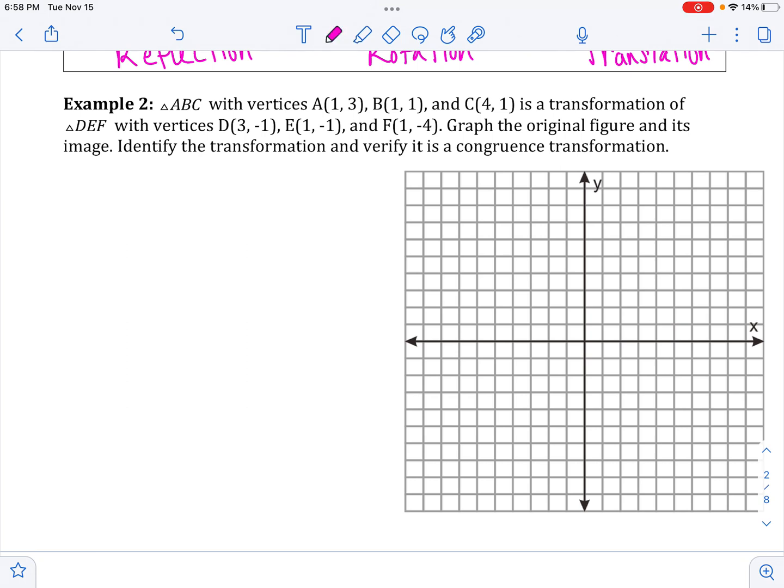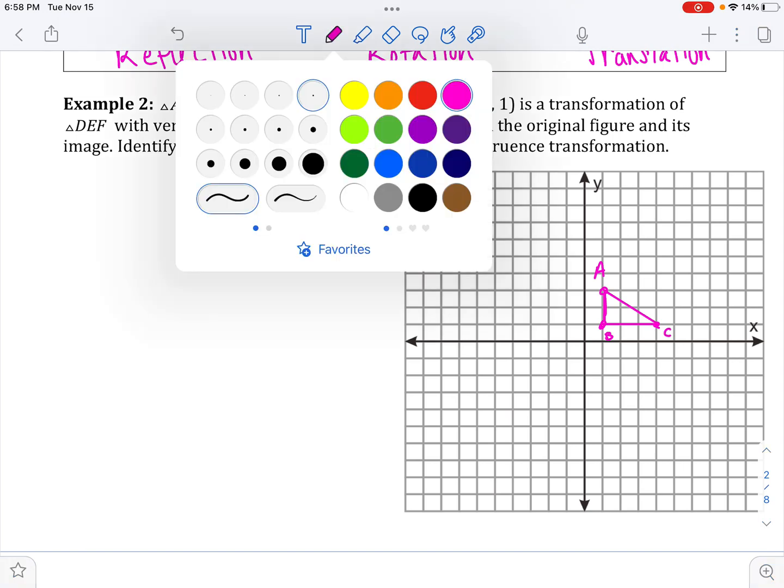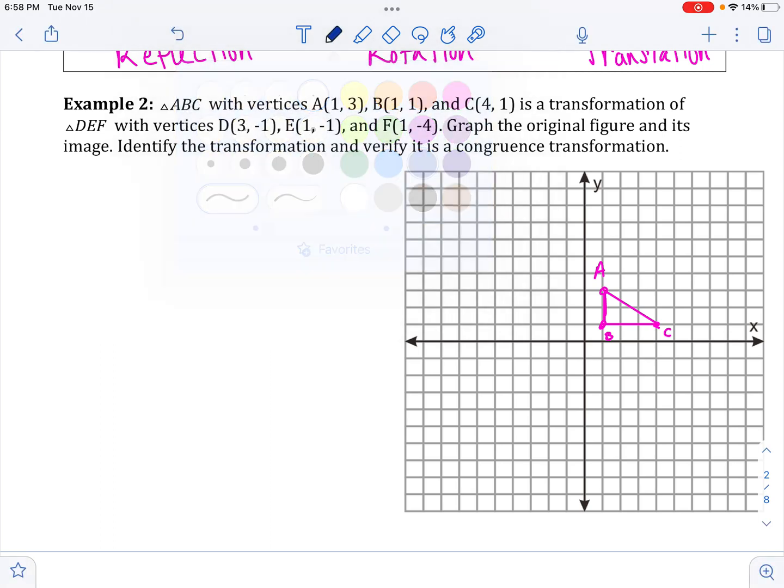So for example here, I've got triangle ABC, (1, 3), (1, 1), (4, 1). So there's triangle ABC. And then I have triangle DEF, (3, -1), (1, -1), and (1, -4).